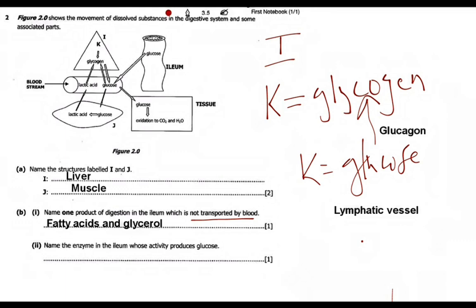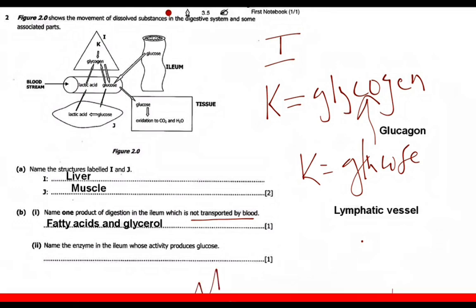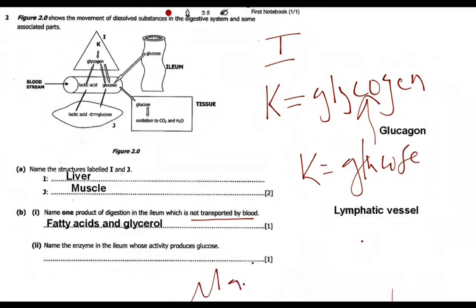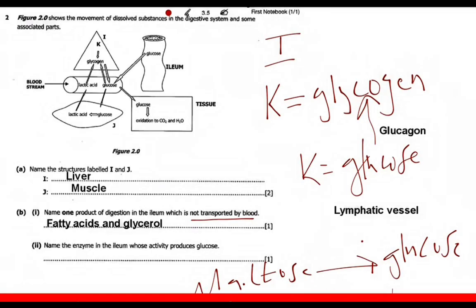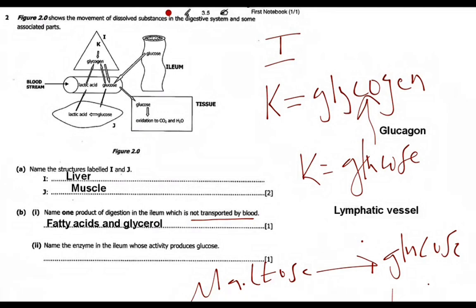When things are reaching the ileum, the starch is now at maltose, and then it needs to be converted to glucose. So the enzyme is called maltase.